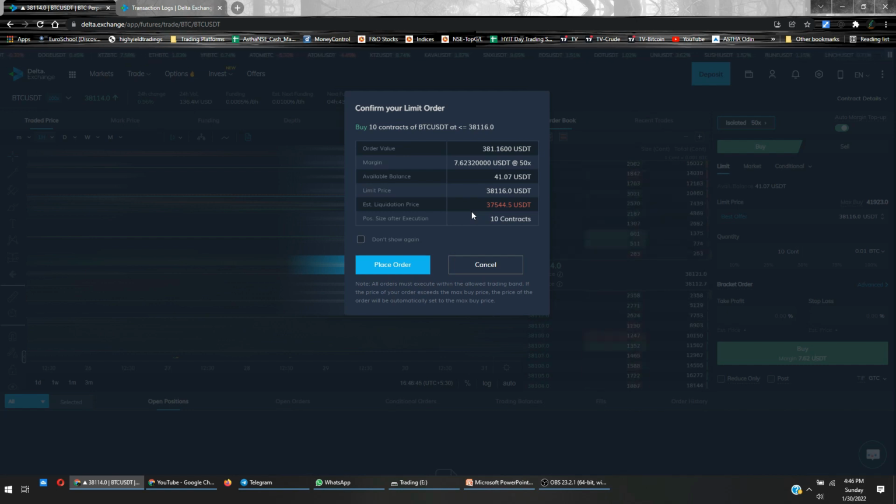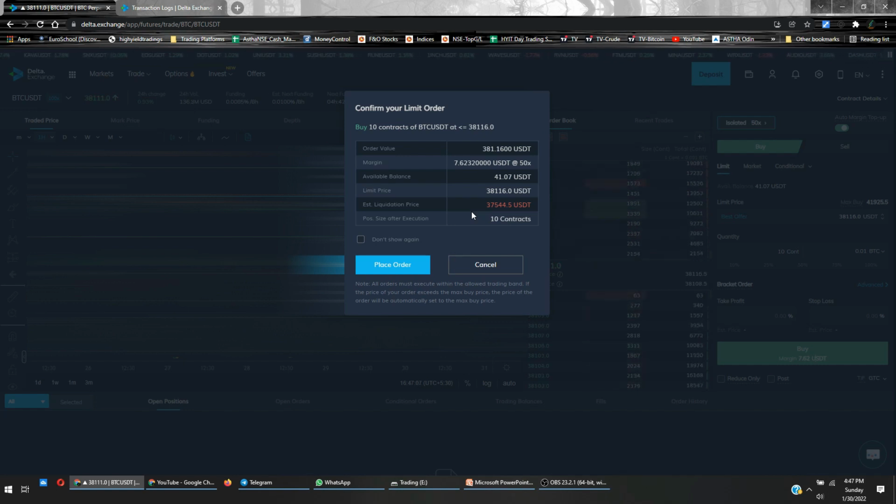So this $500 consists of your $50 plus the $450 that you have borrowed. Now, what happens if the price of Bitcoin goes down by 10%? The position will now be worth $450, right?